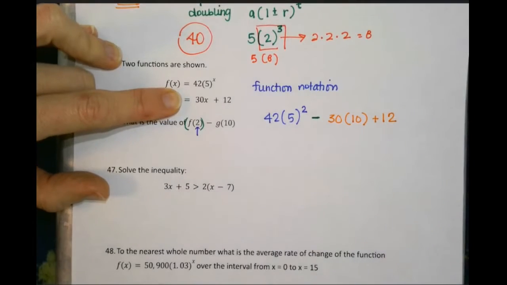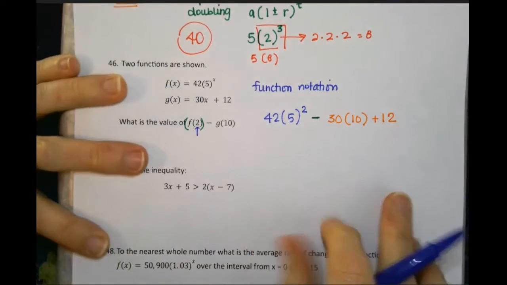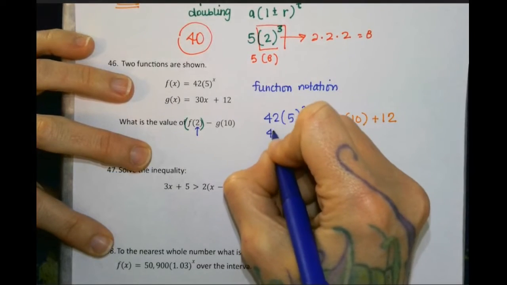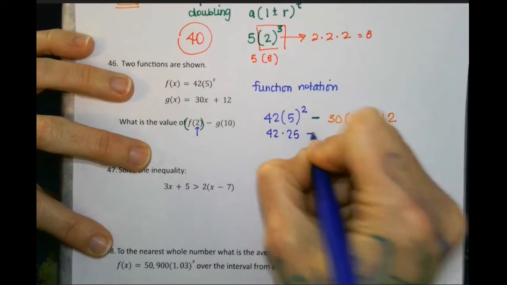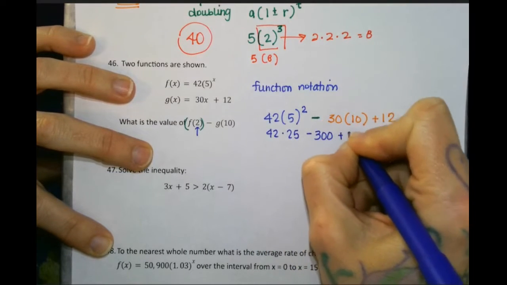And now again, so far, these numbers look like very much calculator active kind of numbers. 5 squared, remember that means 5 times 5, which is 25. So 42 times 25 minus 30 times 10 is going to give us 300, and we'll add 12.